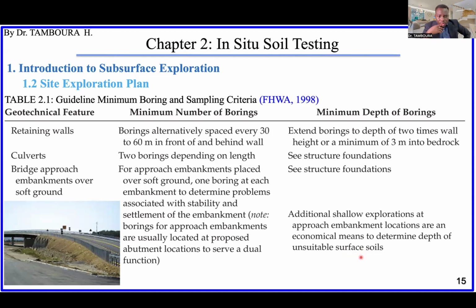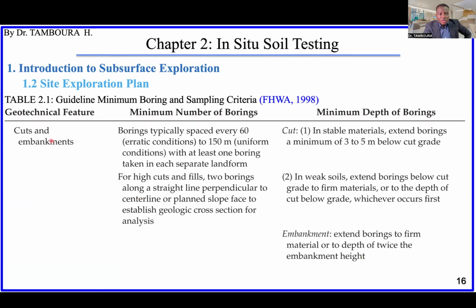Okay. So next we have also cut and embankment. If you are going to build a road, sometimes you need to do some cutting. If you have maybe a mountain, but that mountain is not too high to make a tunnel, in that case you may just cut that mountain and your road can go through.